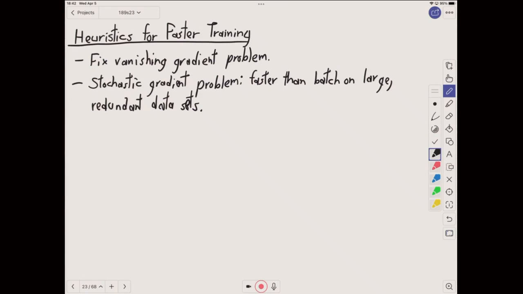Think about digit recognition. Since homework 1, you've been using classifiers to recognize digits, and suppose you have a billion handwritten zeros, a billion handwritten ones, a billion handwritten twos. Well, there's probably a lot of redundancy there, because there's only so many ways to write a 0 or to write a 2.